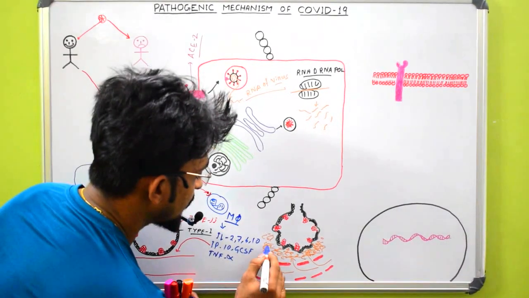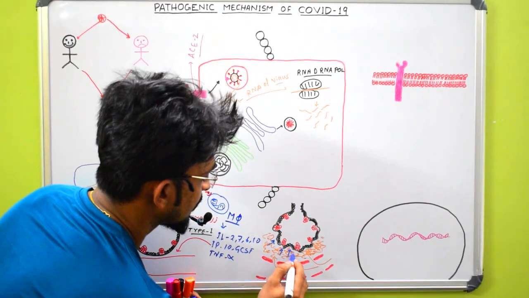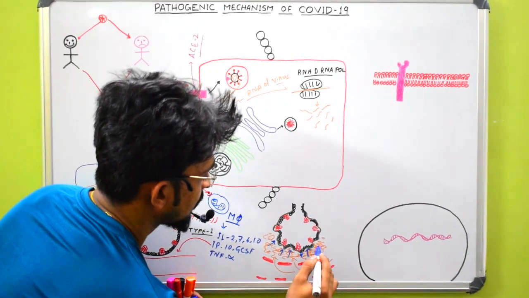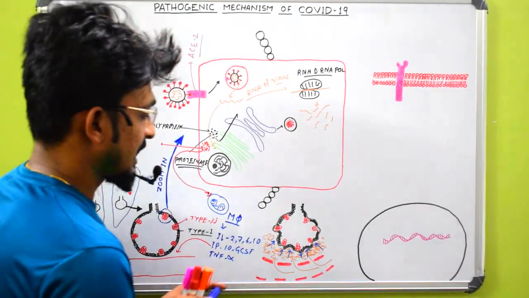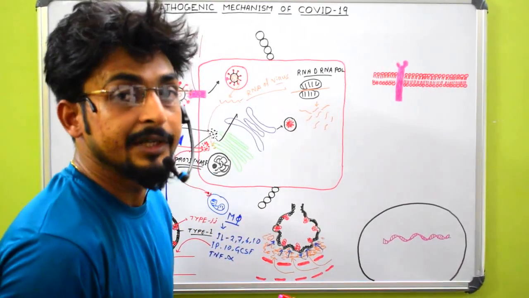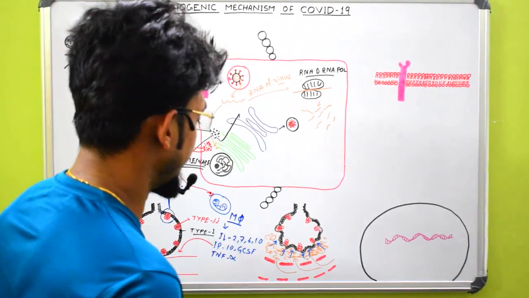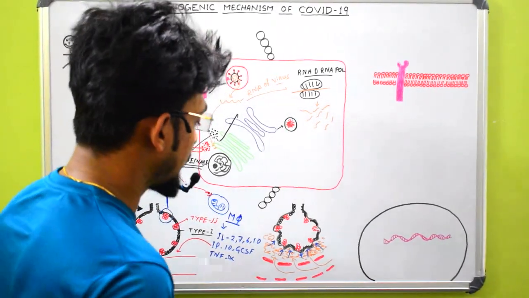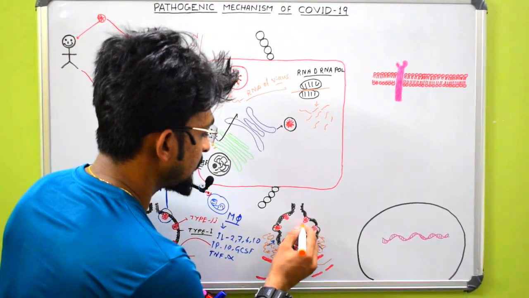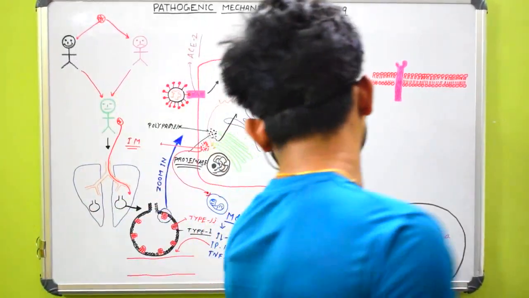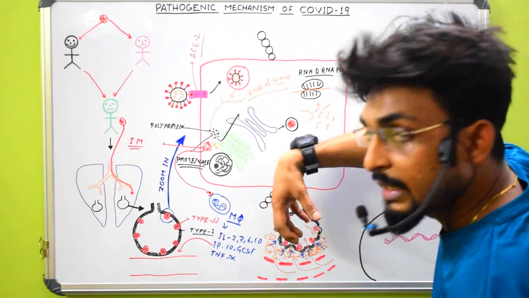So this plasma will create a pressure on the surface of the alveoli. As a result of that, the size will be reduced. Okay, the diameter will be reduced, and also some plasma will try to take entry inside the alveolus.